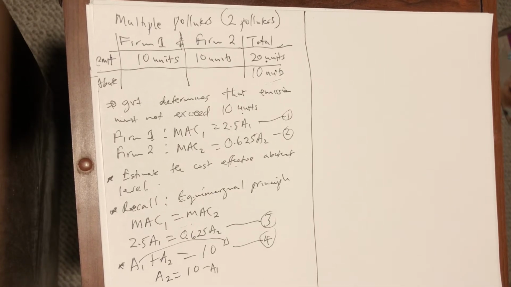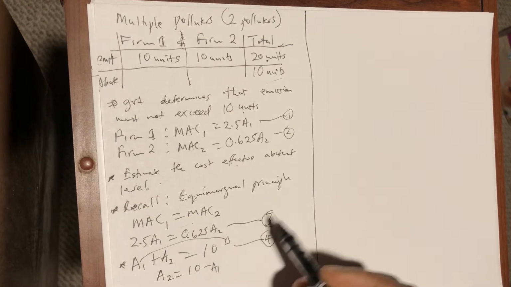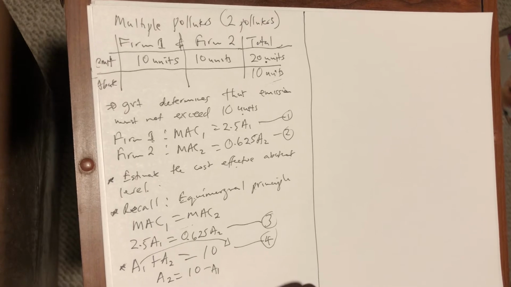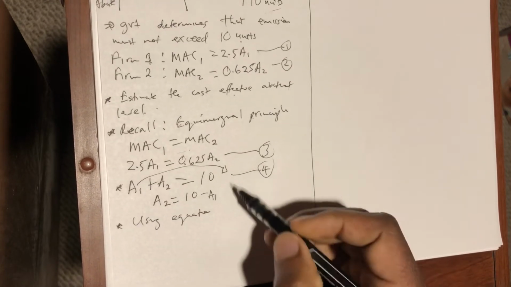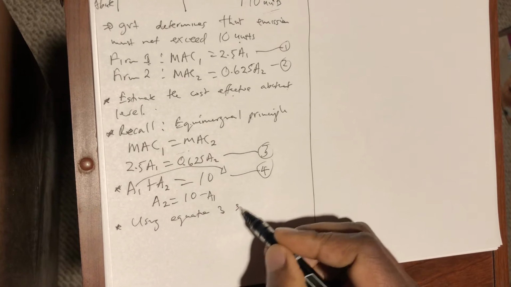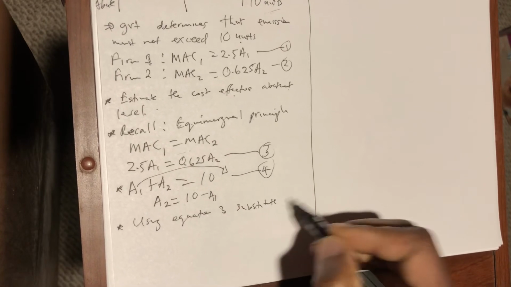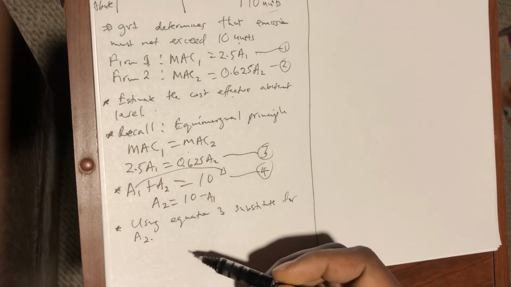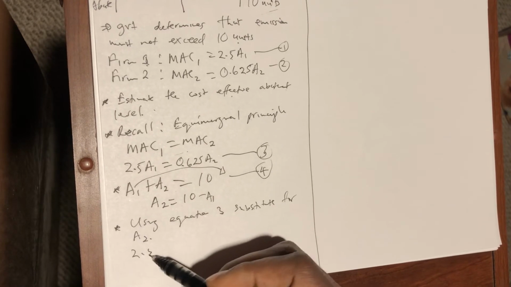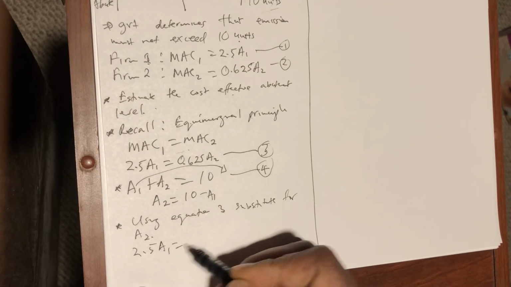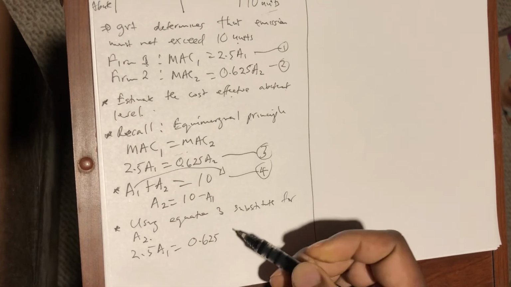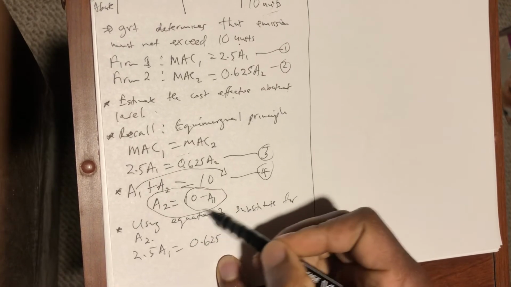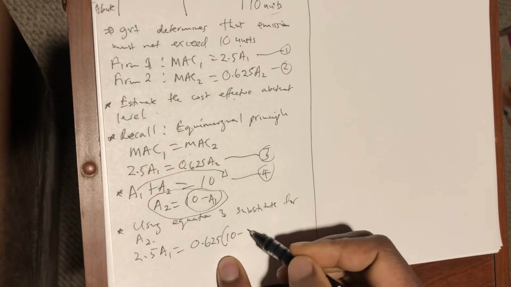Then next step, using equation 3, substitute for A2. Equation 3 says 2.5 A1 is equal to 0.625 A2. Then we substitute for A2 with 10 minus A1.